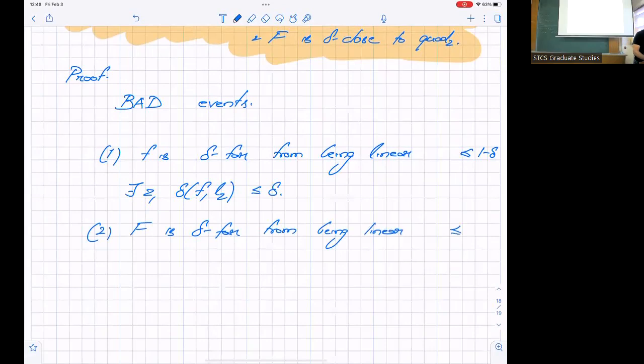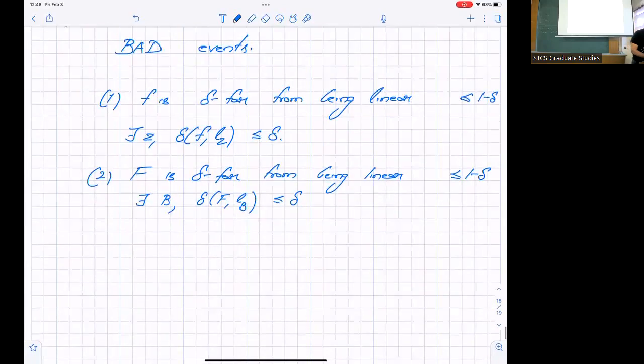Once again, if that was the case, the test would have rejected. So here you can assume there exists a B such that the distance is less than or equal to delta, if bad event 2 also had not happened.